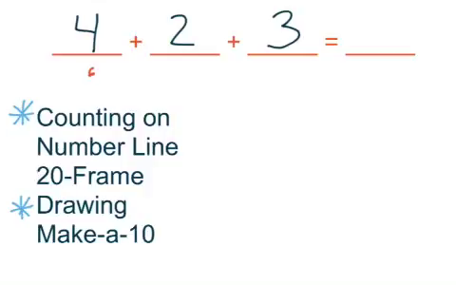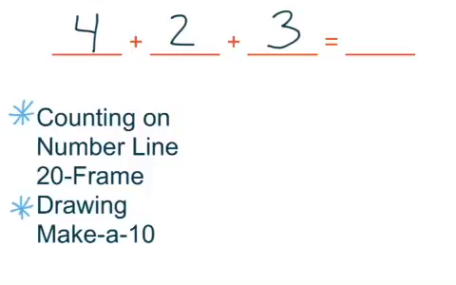If I put 4 in my head and count 2 more, that would be 5, 6. Now the student would need to count on 3 more. So with 6 in their head, they would count 3 more. 7, 8, 9.